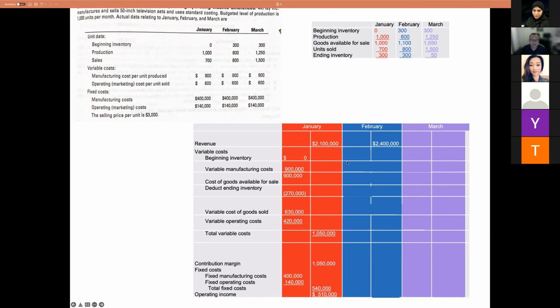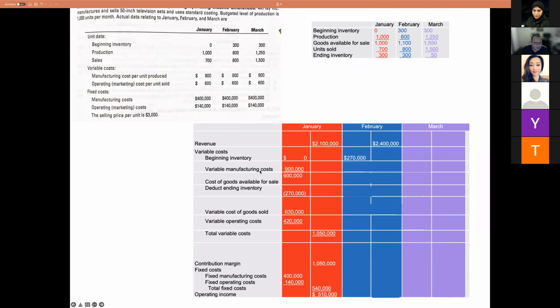What's the beginning inventory? 300 units. But here in the income statement we need the cost. It's the ending inventory line from the previous month. What is the number? It's 270,000, from the ending of January.